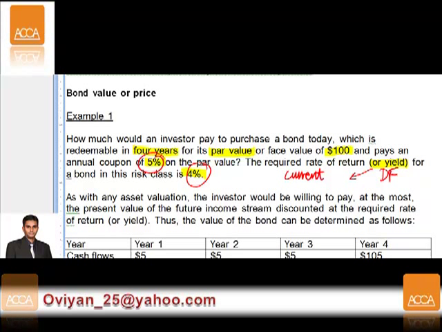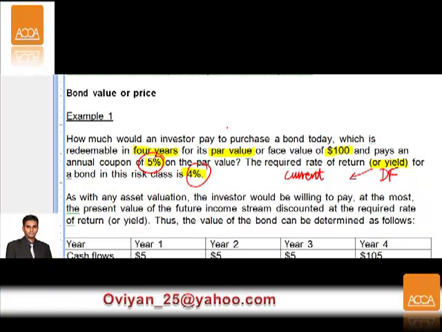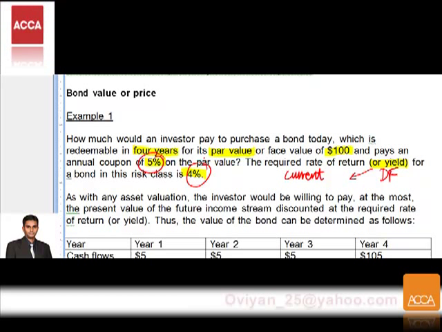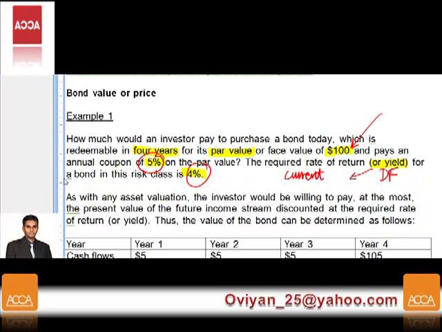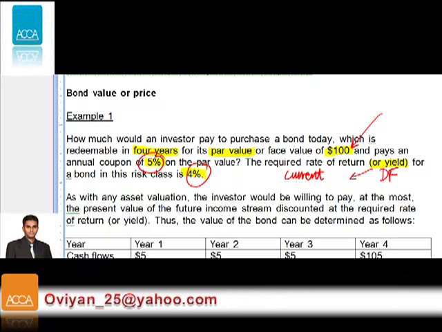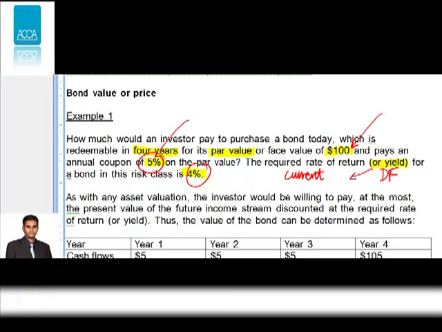The clue here is very simple: it's giving you 5, the market is only giving you 4, so the price of the bond could be more than $100. Make sense? Because the market is only giving you 4, but my bond is giving you 5, everybody loves this bond. The price should be more than 100.